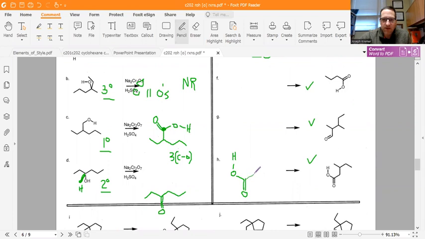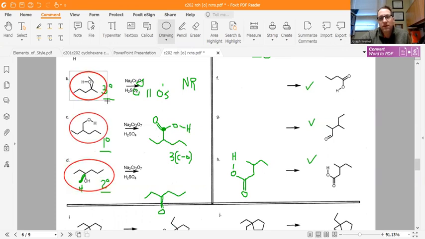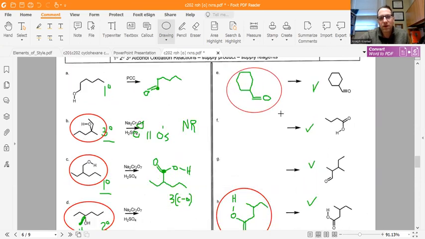Everything on the left-hand side that we're going to be drawing as final answer should have only 1 carbon oxygen bond. Take a look. Every reactant we want to draw over here will have 1 carbon oxygen bond. How can that be engineered? How can we turn this into 1 carbon oxygen bond?